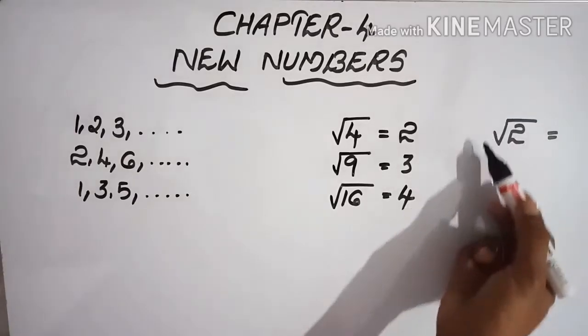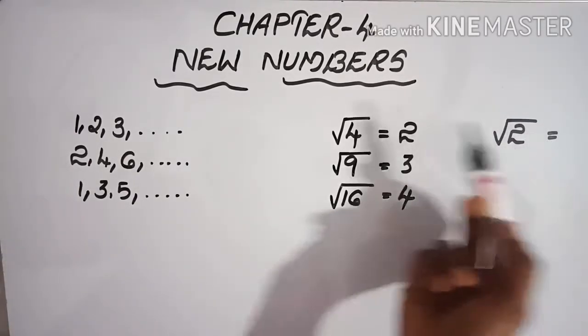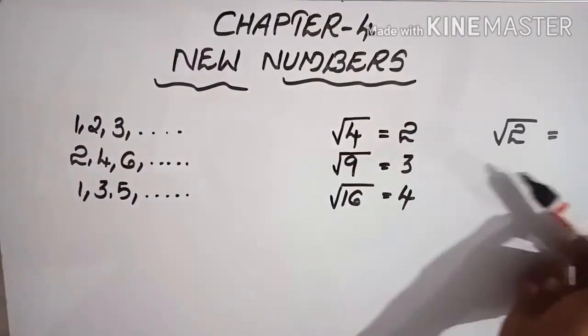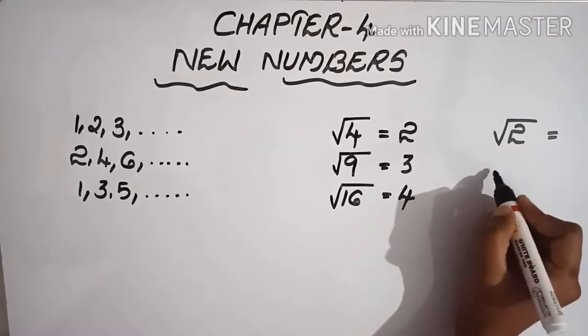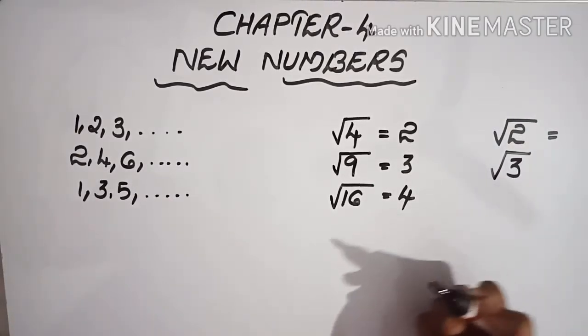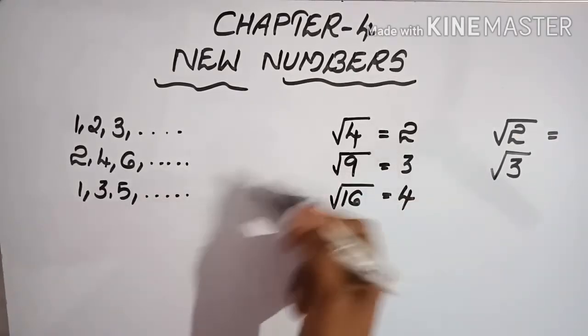These types of numbers are given in this chapter, that is new numbers. Here they mention this type of numbers. Another example is root 3. We don't know the exact value of root 3. Another one is root 4, we know it is 2.